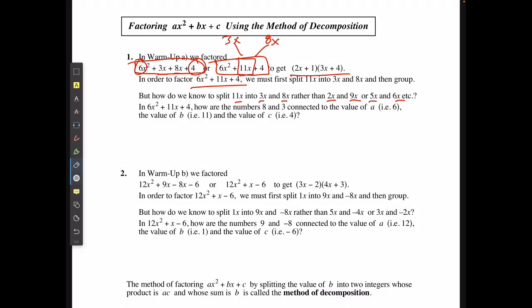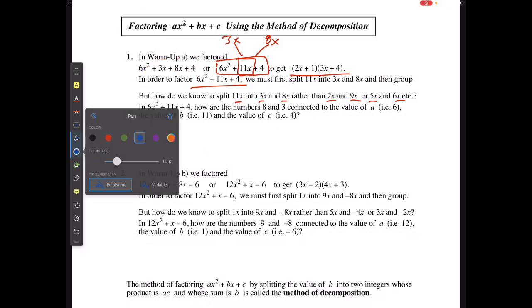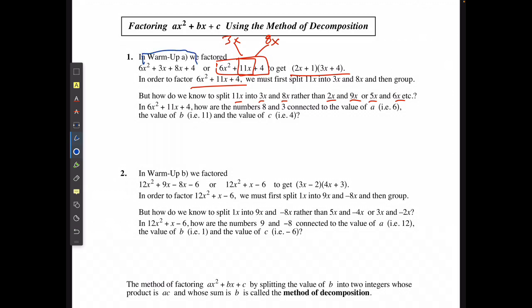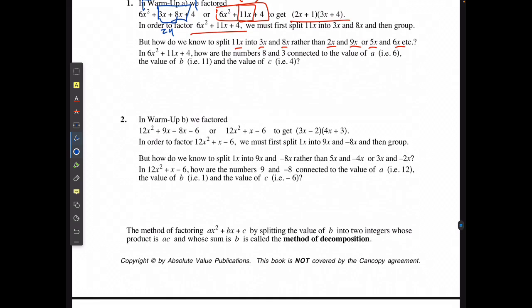So if I multiply the outside terms, 6 and 4, I'm going to get 24. If I multiply the inside terms, 3 and 8, I also get 24. In order to make this work, it needs to group in the same way as A times C. So the two middle terms that we split it up into have to have the same product as A times C. The same thing is true here.